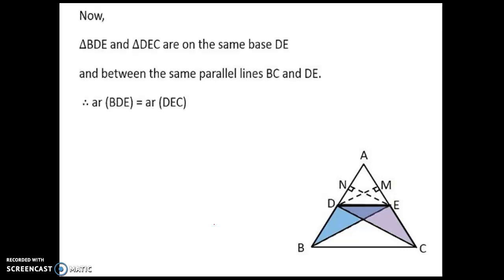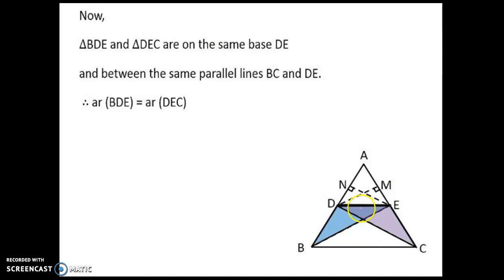Now this two triangles alone, this light blue and purple triangle. We are going to talk about these two triangles. Triangle BDE and triangle DEC are on the same base DE. DE is here, both are having the same base DE, and between the same parallel lines BC and DE.